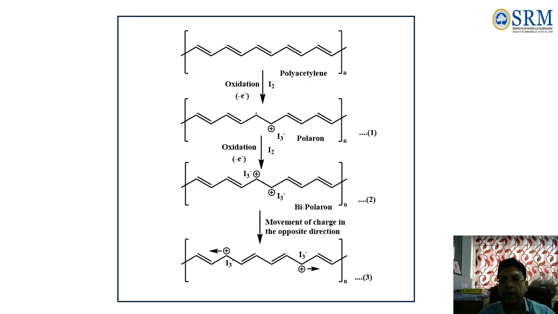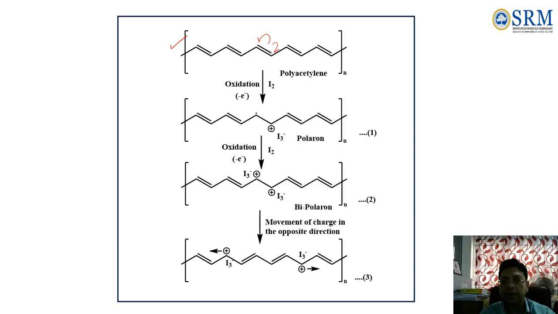So schematically, if we try to explain the p-doping, this is the polyacetylene backbone. When it is treated with iodine, oxidation takes place in the polymer backbone. For example, there is a double bond here, a homolytic cleavage takes place, and this carbon acquires one electron, this carbon acquires one electron.